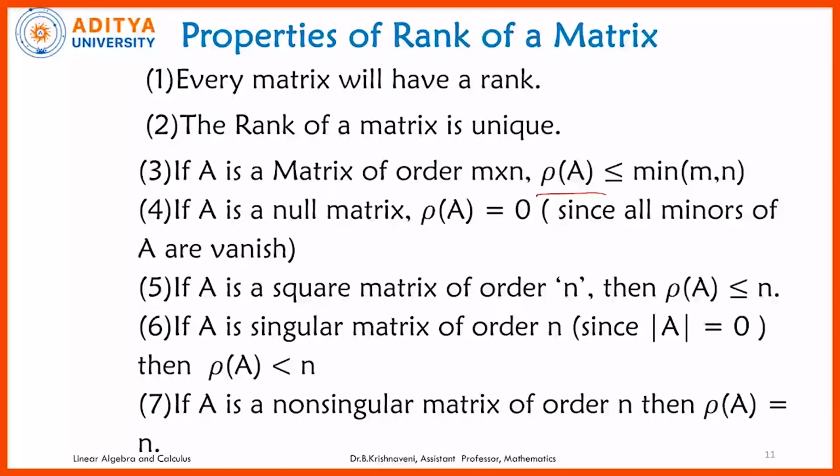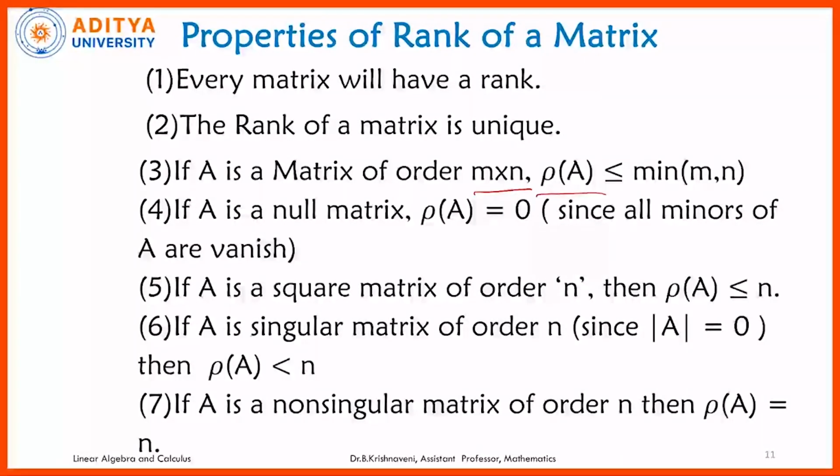The next one is, if we consider any matrix of order m by n, which we may call a rectangular matrix or square matrix or anything in general, what is the rank? In that case, rank of A should always be less than or equal to the minimum of m comma n.